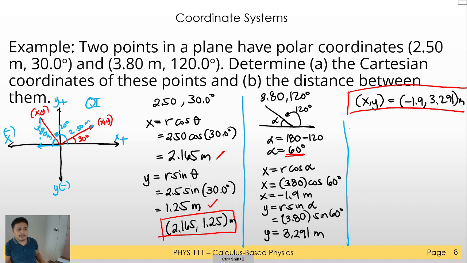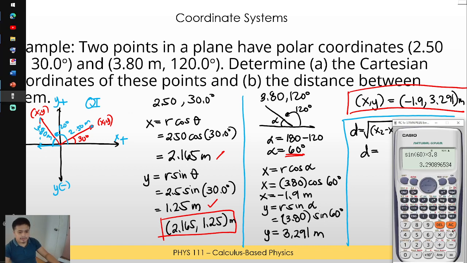We want to also find the distance. To find the distance, we have d equal to the square root of x2 minus x1 squared plus y2 minus y1 squared. Therefore, the distance is the square root of, the difference of x, we have 2.165. This is commutative, no? x2 here could be x1, x1 could be x2.